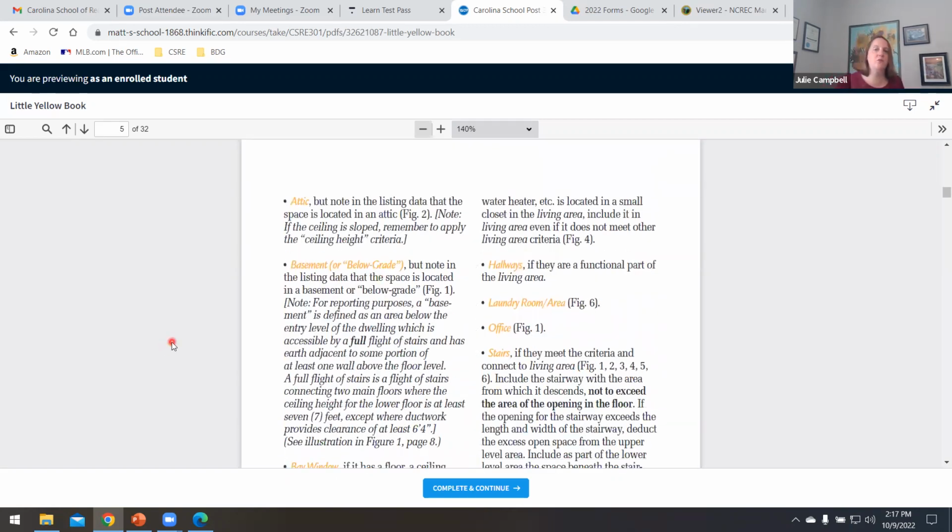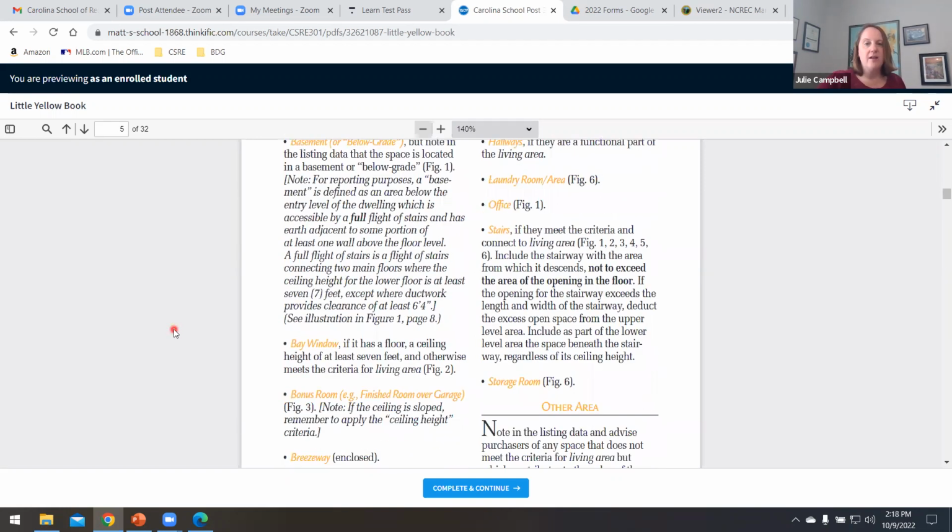The next page of your little book gives you some specifics. It talks about how we count attics, basements, hallways. There are our stairs. If they meet the criteria, we count it on both levels. If not, then it's not to exceed the area of the opening.